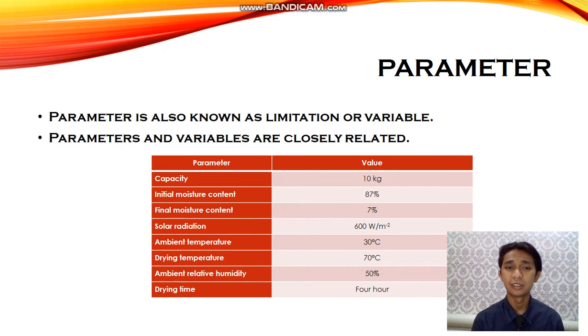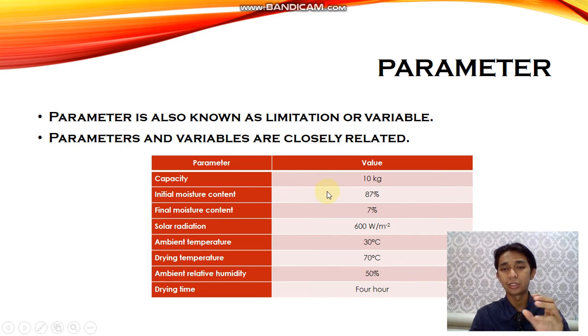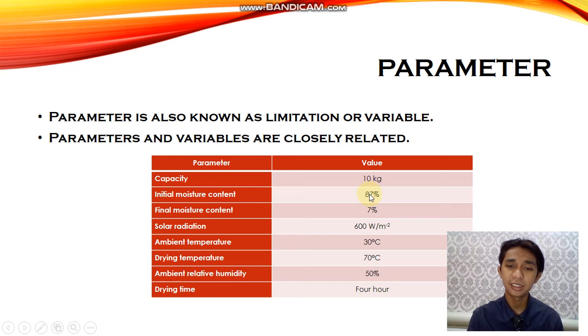Okay, and then the parameter is known as limitation or variable. In this project, the capacity of product that is to be dried is 10 kg. The initial moisture content is 87%, and the final moisture content is 7%, which means 80% of the moisture has been removed.